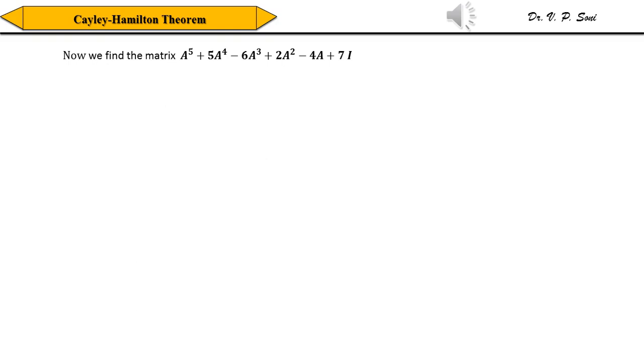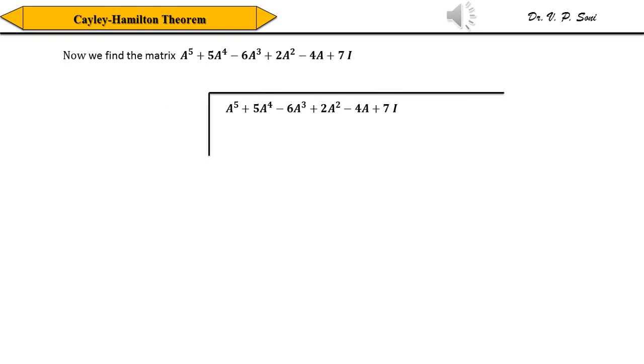Let us divide A raised to 5 plus 5A raised to 4 minus 6A cube plus 2A square minus 4A plus 7I by A square minus 4A minus 5I. Now the dividend polynomial has degree 5 and the divisor polynomial has degree 2. So multiply by A cube.